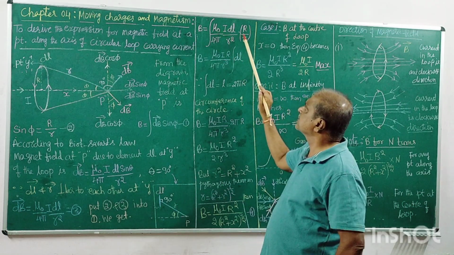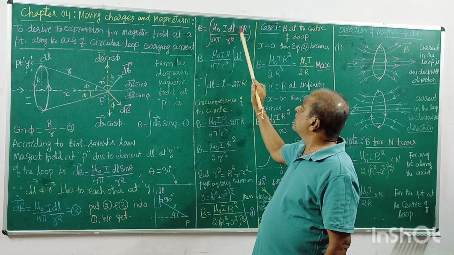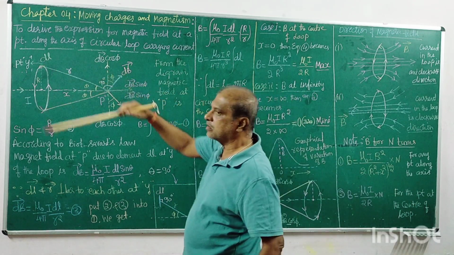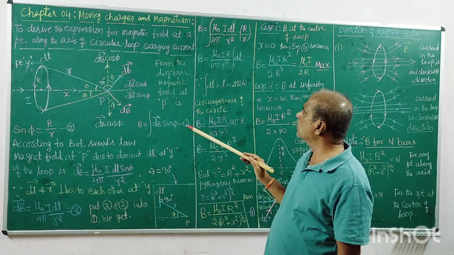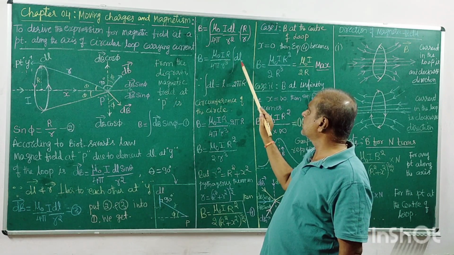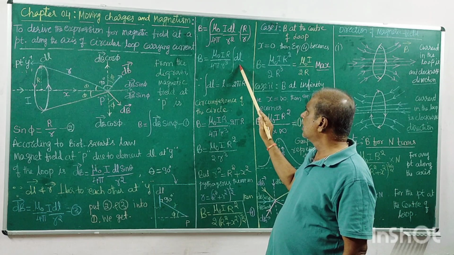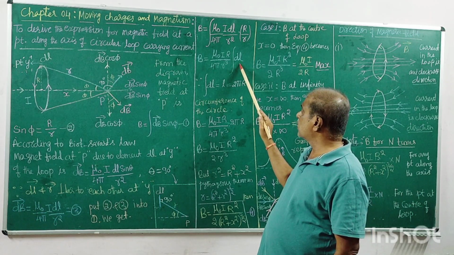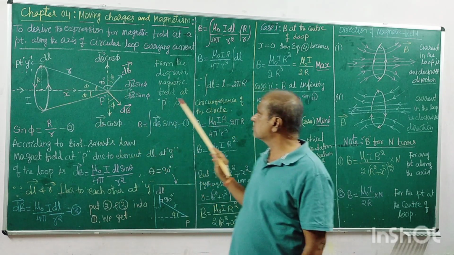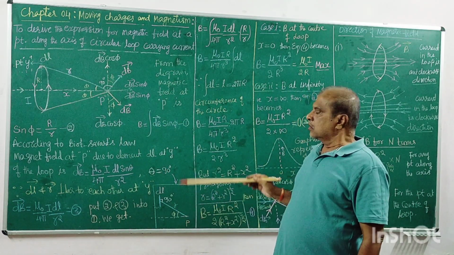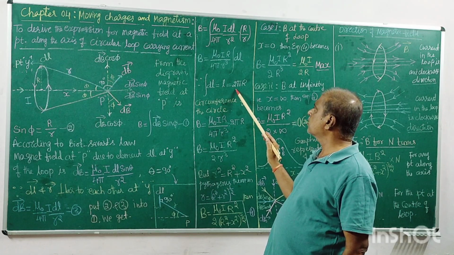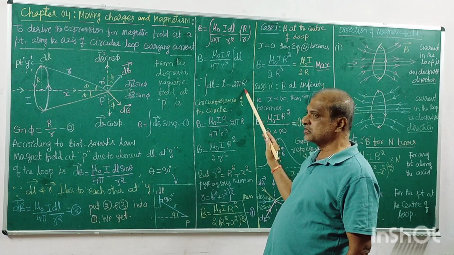In these functions, all of them are constants except dl, for this current loop carrying current I. So it is the integral of dl. What is the integral of dl? It is from 0 to l, where the total length is l. The total length is also called the circumference of the circle, 2 pi R, where R is the radius of the circle.